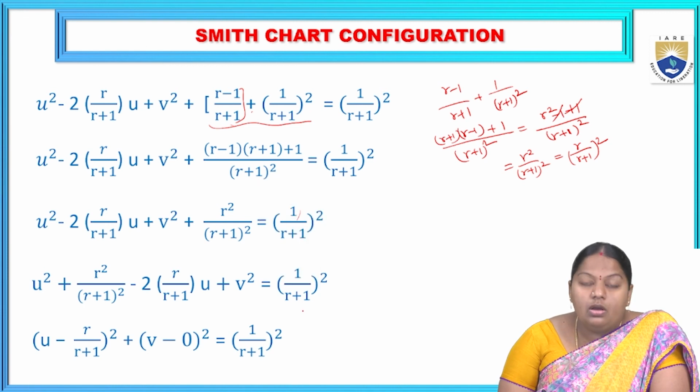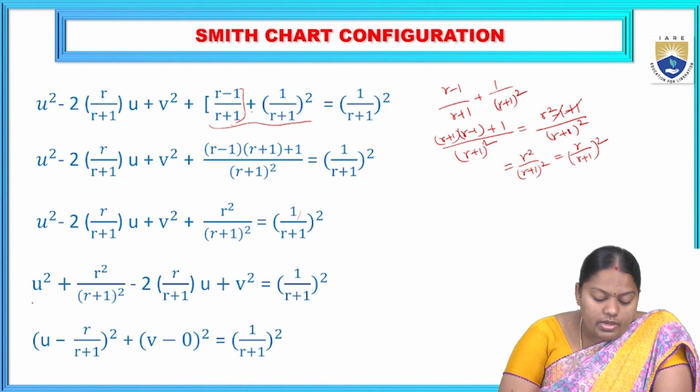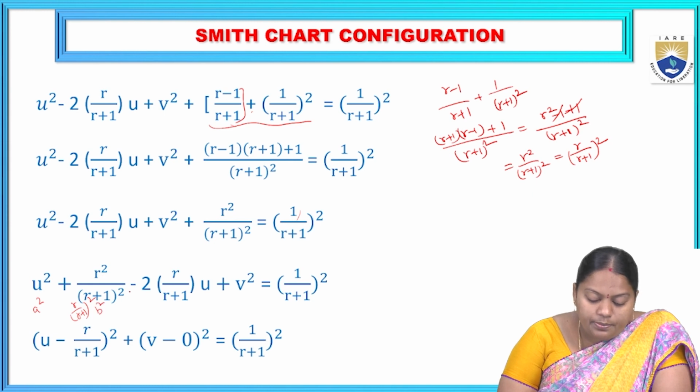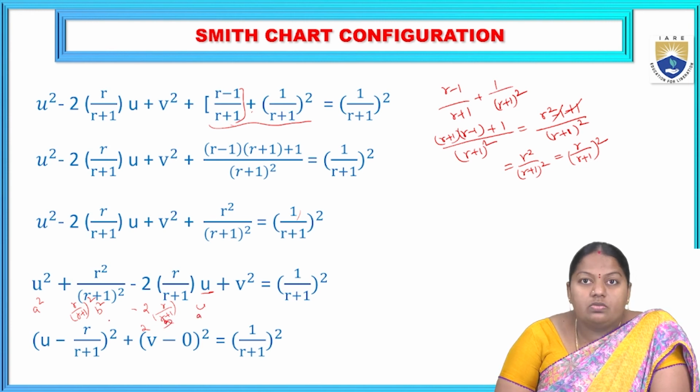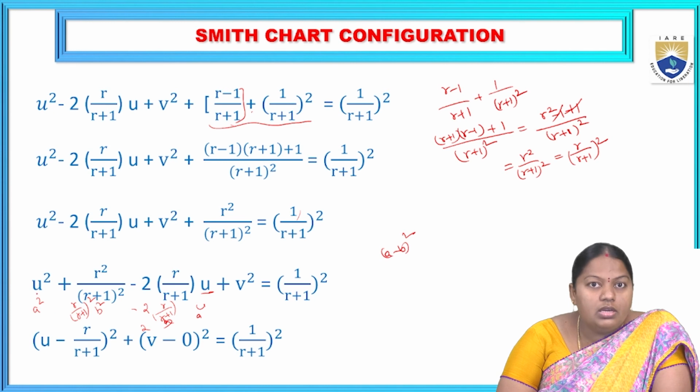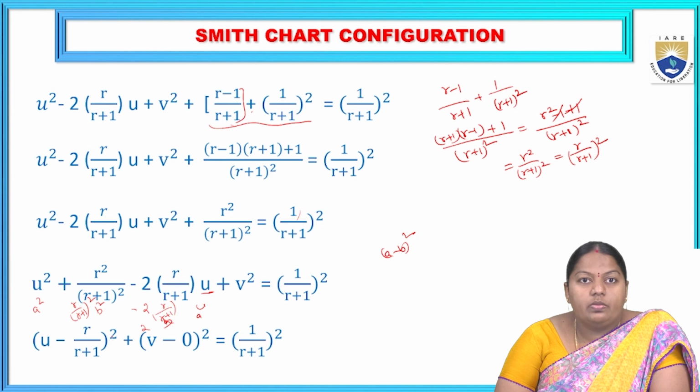Here u is a, and r/(r plus 1) is b. So a square plus b square minus 2ab is given by a minus b whole square. What is that value here? a minus b, that is u minus r/(r plus 1) whole square.